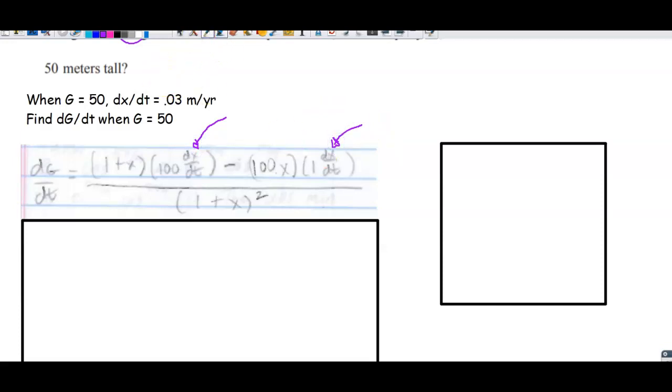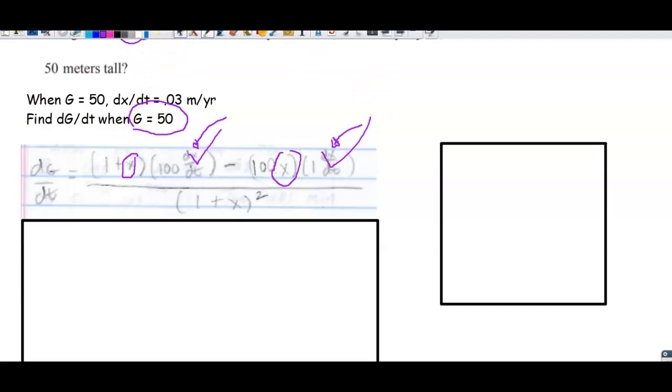Notice that to evaluate this, we are going to need the value of x, and we're told the value of dx dt. So we're good, but we do not know the value of x. We know the value of g. We need a value of x.